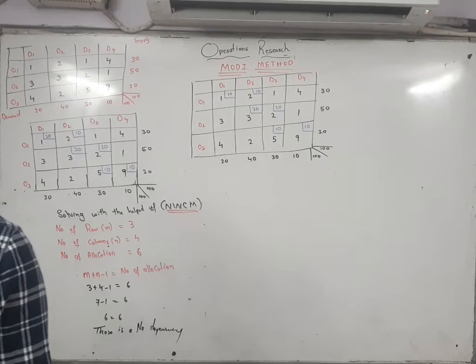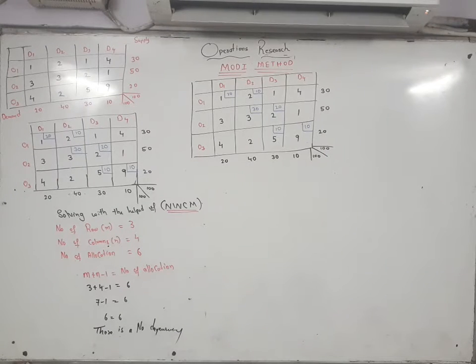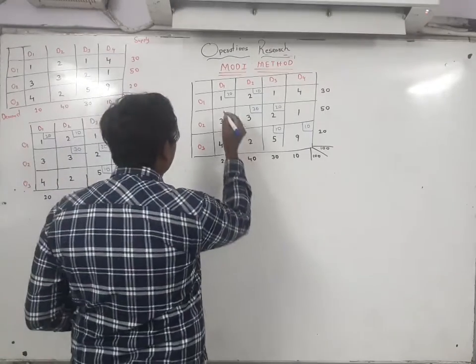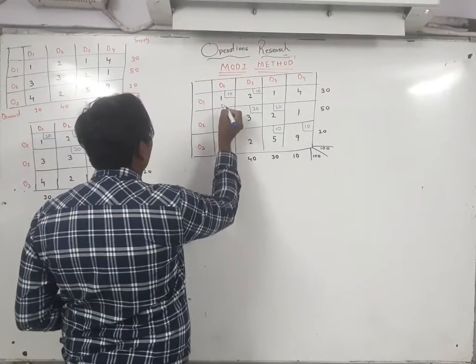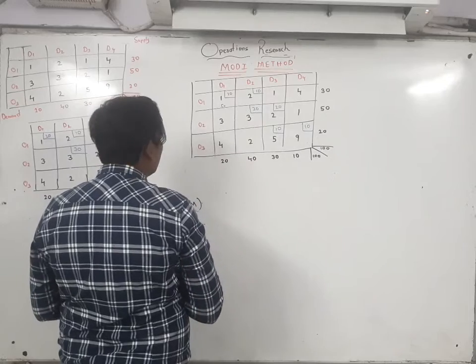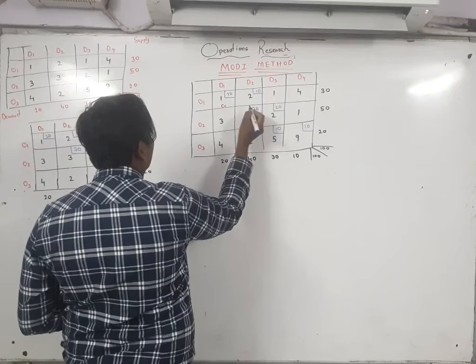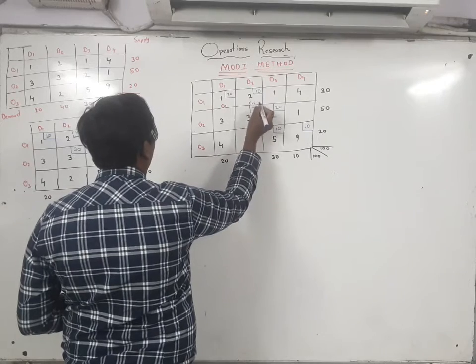Next you have to find out the allocated and unallocated cells. So here you can write C11, first row, first column. Here you can write C12.